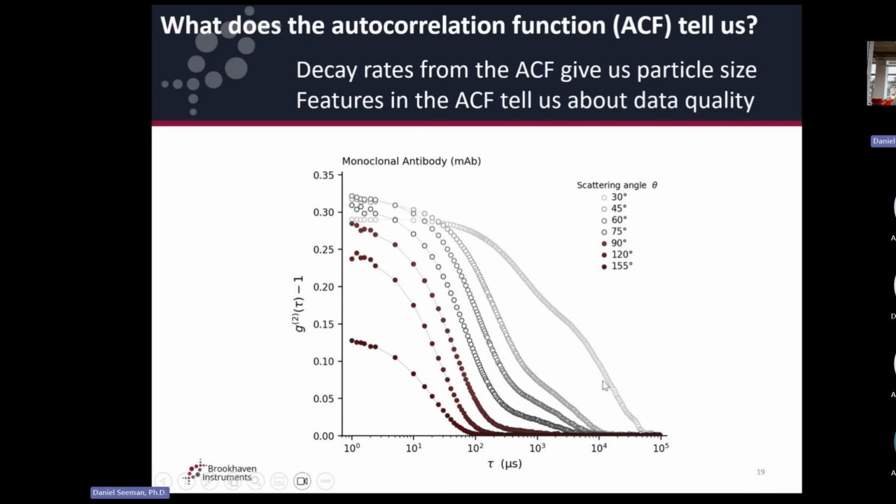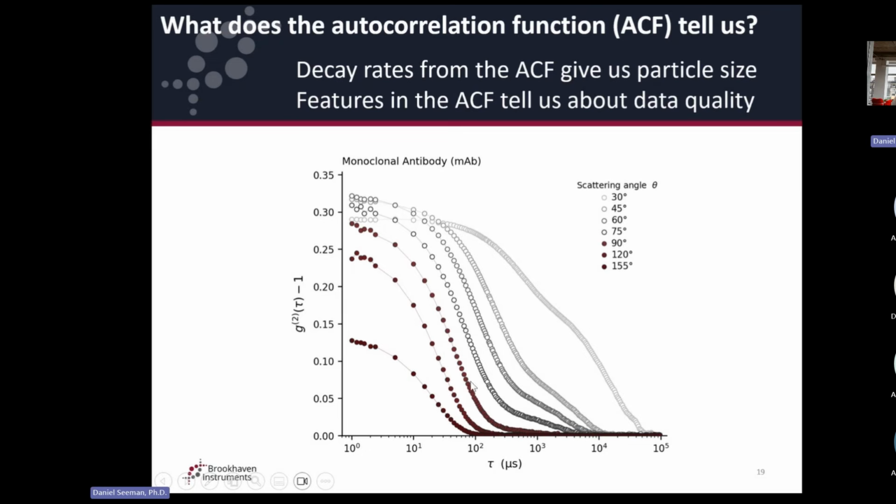But if we go all the way to 30 degrees, our lowest forward scatter angle in this experiment, we can see a pretty large contribution due to our aggregated species. So our fast dynamics are on the left, slow dynamics on the right. As we shift scattering angle, we not only shift this correlation function, but we also potentially increase the contribution from the larger species.